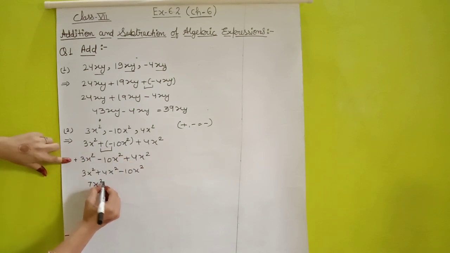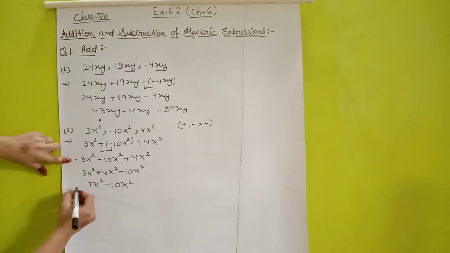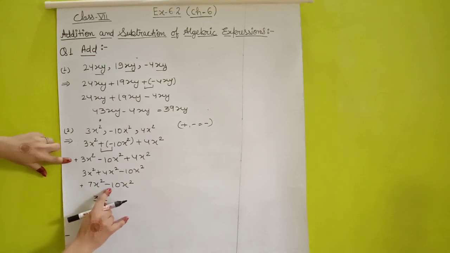It will be 7x square minus 10x square. Now students, 7 is having plus sign, 10 is having minus sign. Plus minus, again minus. So 10 minus 7, 3x square will come as it is. Now what about the sign? Sign will come of greater number. From 10 and 7, which number is greater? 10 is greater.